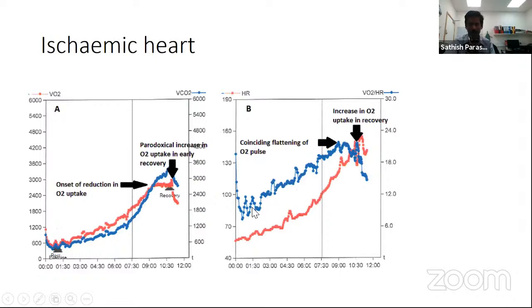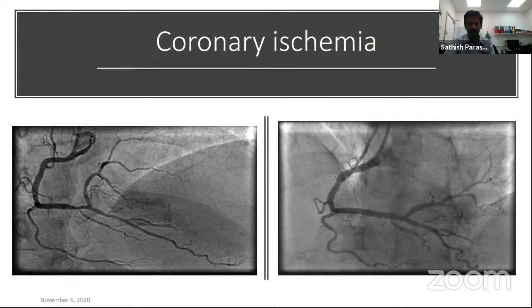It plateaus towards peak exercise for the same patient, and then there is a slight increase. So he had a coronary angiogram, and he had a large dominant right coronary artery with distal right coronary artery disease, which was stented, with relief of symptoms.